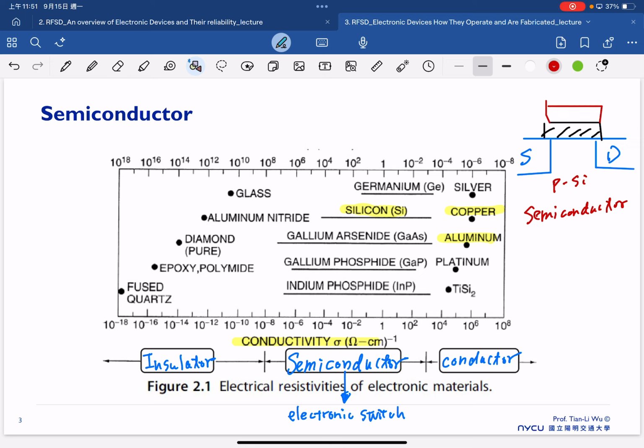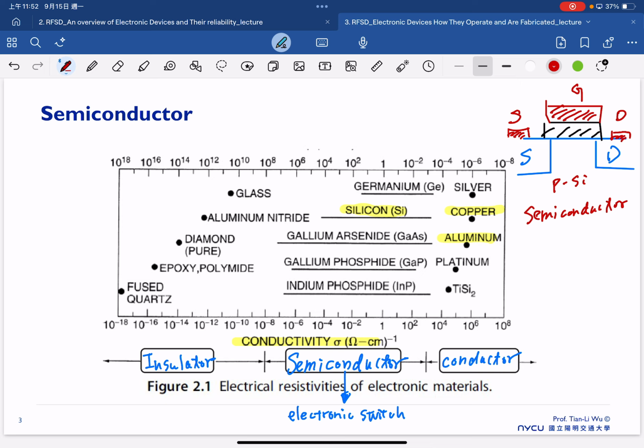We not only have the metal on the gate side, we also have the metal in the source region and in the drain region. So these are all the metal here: the gate, source, and drain metal.